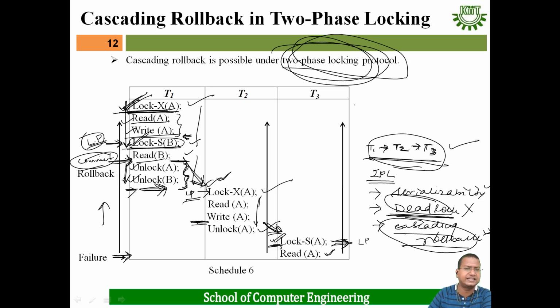That means it will execute this unlock A after execution of commit A. If you do not execute commit A, then it cannot execute unlock A. That means it will not release the exclusive lock on A. This is your strict schedule.